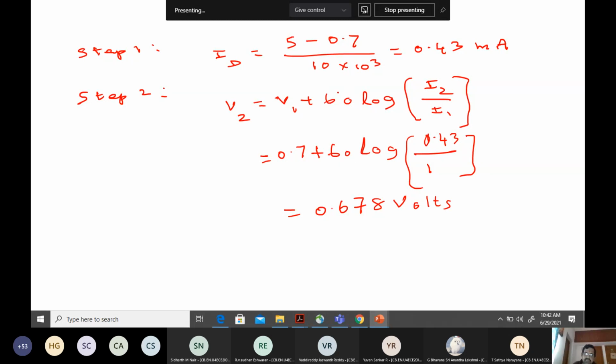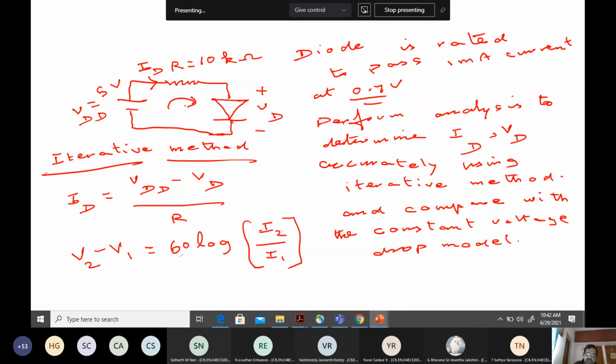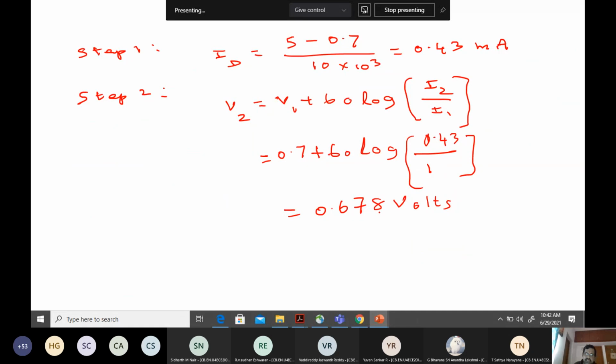This term is in millivolt, whereas if I am using volt here, I have to be careful. 0.678 volts you will get, and then you substitute this 0.678 in the KVL equation again.